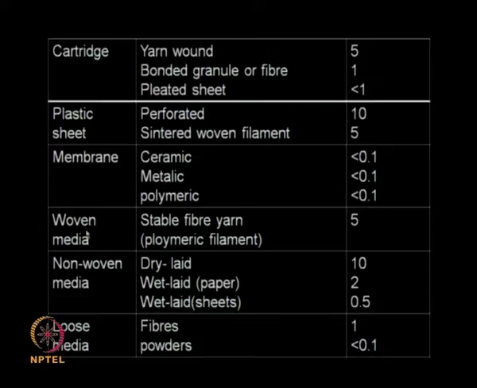Then if you look at woven media like fiber yarns, polymeric fiber yarns, they can capture only about 5 micron sized particles. Then non-woven material like papers or sheets, then loose media like fibers and powders.